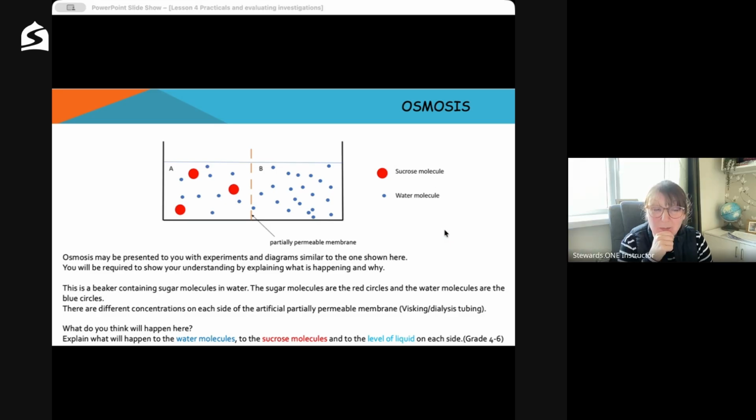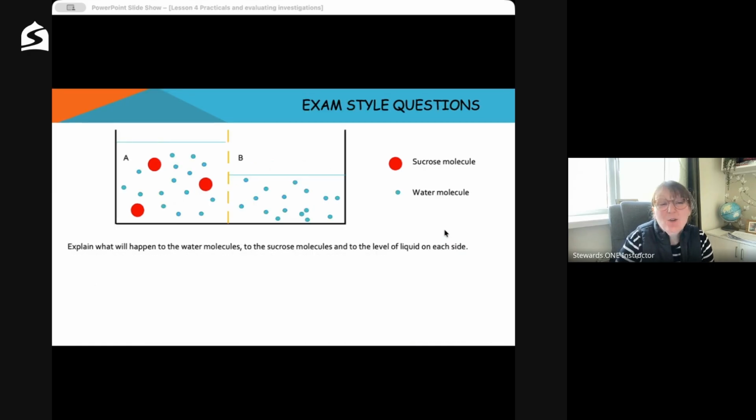Fantastic. Yes, it's going to move from side B, which has a high water concentration, to side A, which has a lower water concentration, across the membrane until there is an equilibrium, until both sides are equal with water, which will mean, bizarrely, that the water level looks like that when you're done.